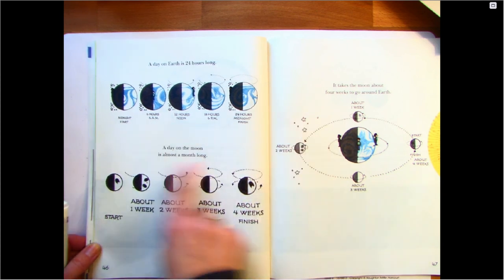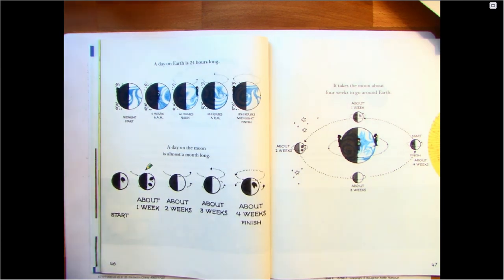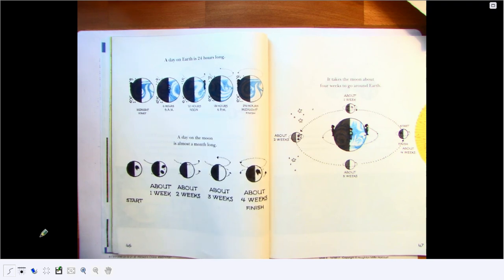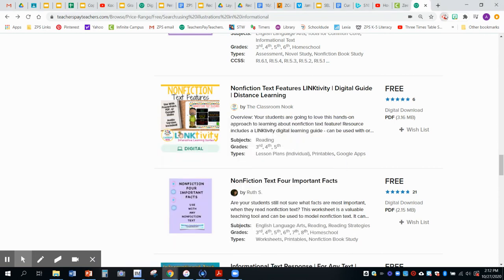It's not enough, like I said, to just read the words. You have to have the illustrations along with the words that can help you understand what's happening in the story. So illustrations are a very important part of the text features because they help readers, like you and me, understand what's happening in the informational story.